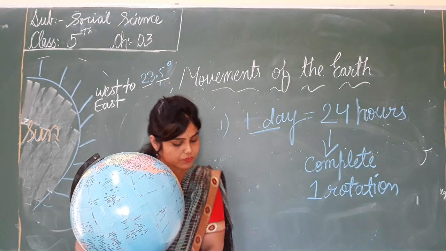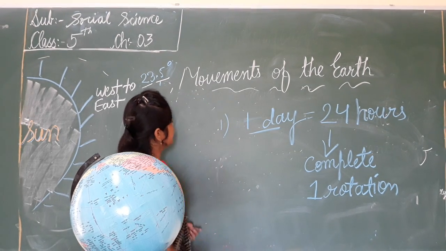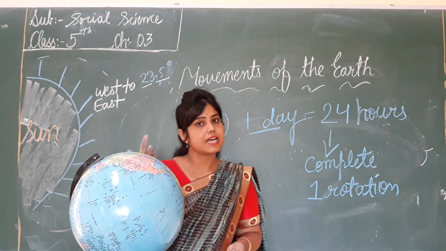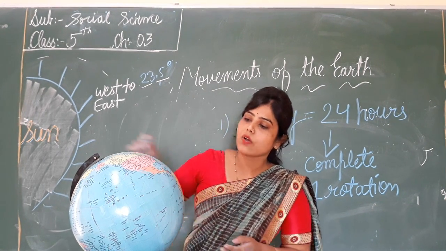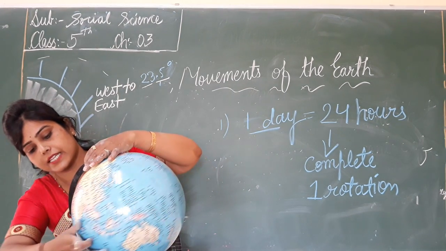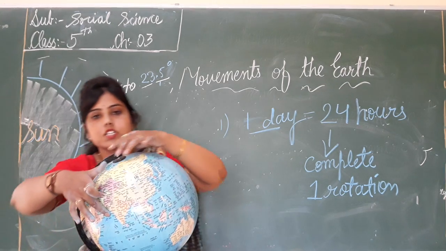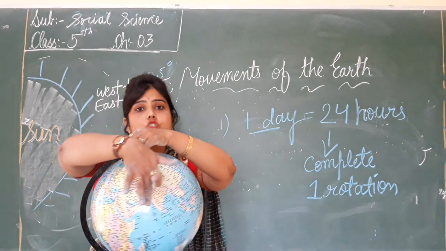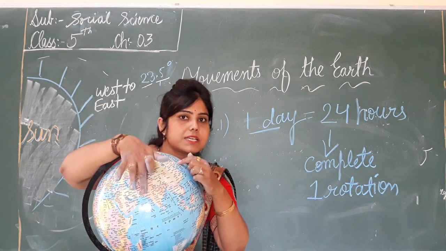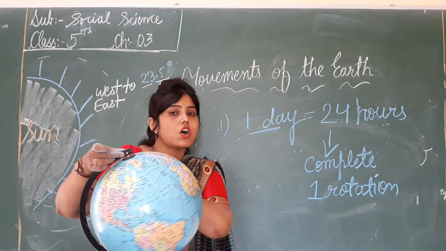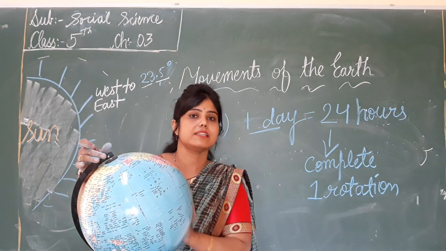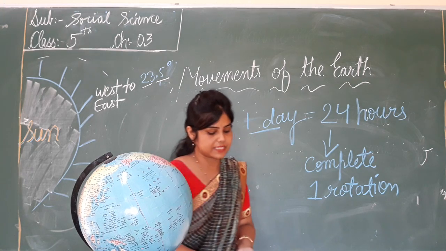Due to this we see that the sun rises in the east and sets in the west. Here, see, this is our country India. So when it rotates from west to east, which part comes first? The east part comes first. That's why the sun rises in the east.